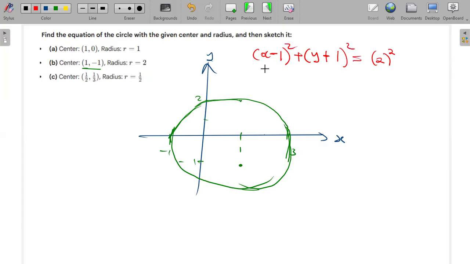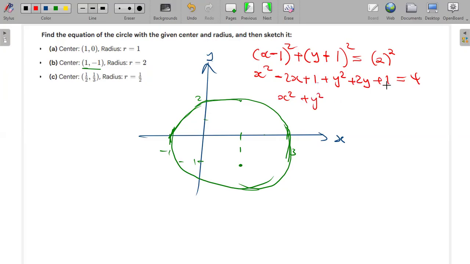So this here gives you the first part. You're just going to expand this: you get x squared, and then minus 2x. Sure, you know how to do this, just simple algebra. Plus y squared plus 2y, and then plus 1, and then equal to 4. So there is going to be x squared plus y squared.